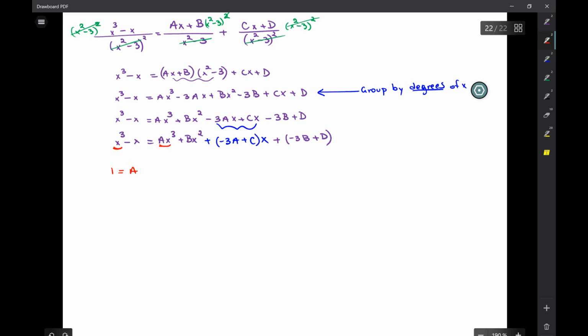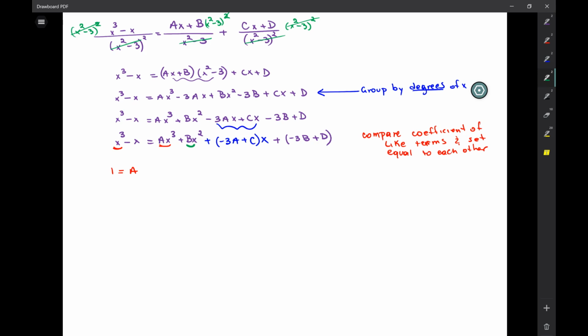So to write a note: compare coefficients of like terms and set them equal to each other. Yep, so A is 1. One down. Now, x squared on the right, what's the coefficient? On the right, the coefficient is b. There is no x squared on the left.